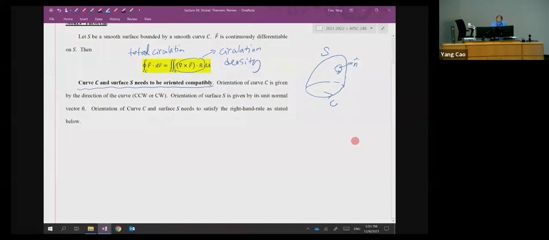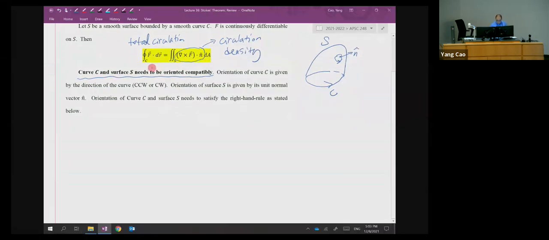Now, let's take a second look at this formula for Stokes theorem.